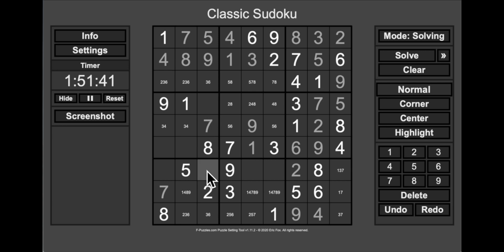Because these cannot be 2, 5, 7, 8, 9. This can't be 2, 5, 7, 8, 9, 3, or 6. So these end up as 1 and 4. And this can't be 1, so this is 4. Plus the 1 in column 7.